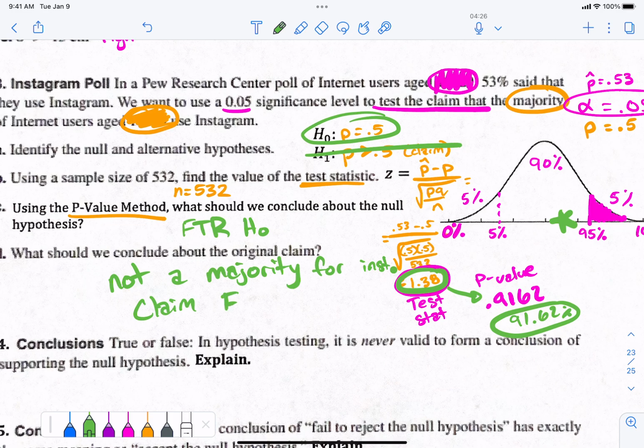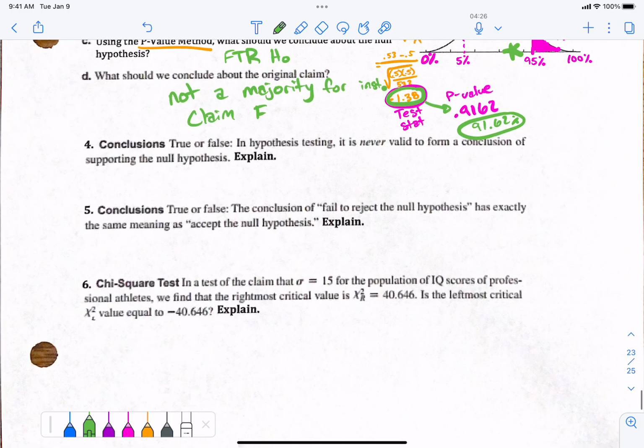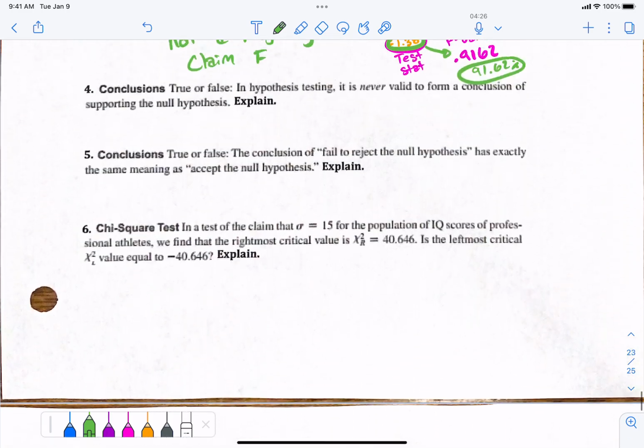So even though we had 53%, if I sampled another 500 or 1,000 people, it may not be a majority for them. 53% is not significantly high enough to say that's a majority. Does that make sense? All right, we'll do the rest of these three and then I'll set you free on your own.